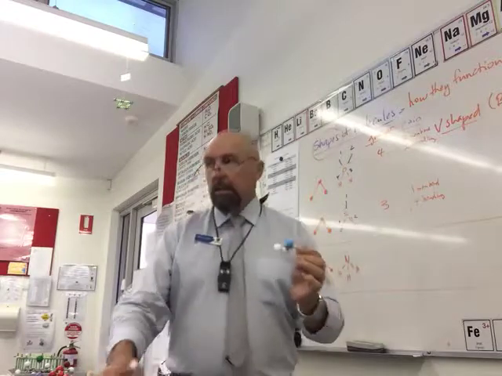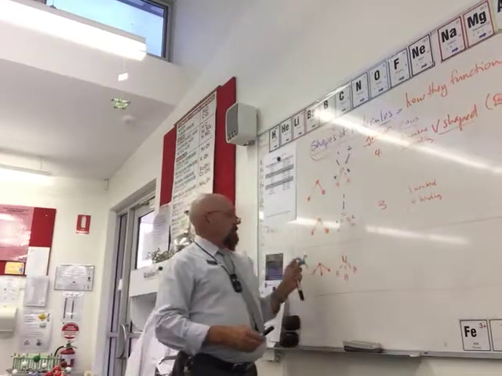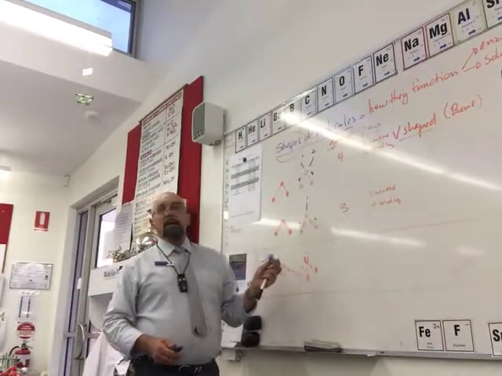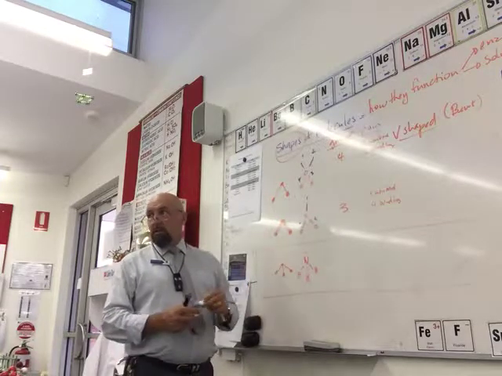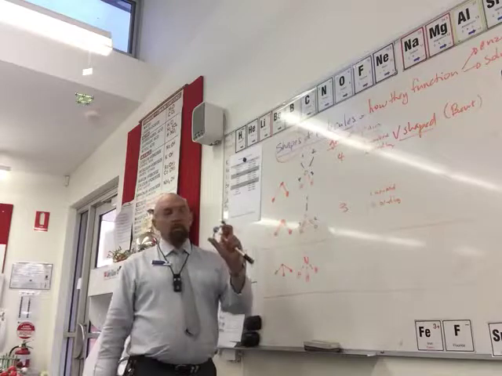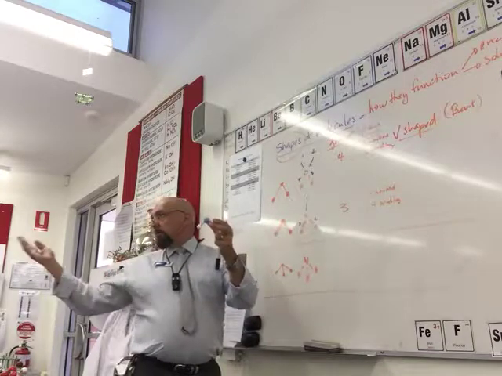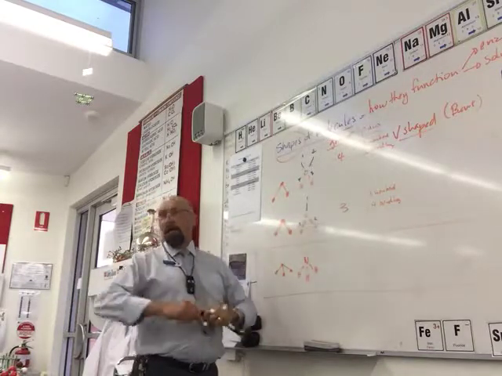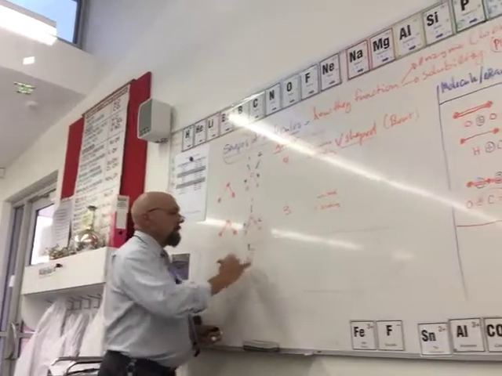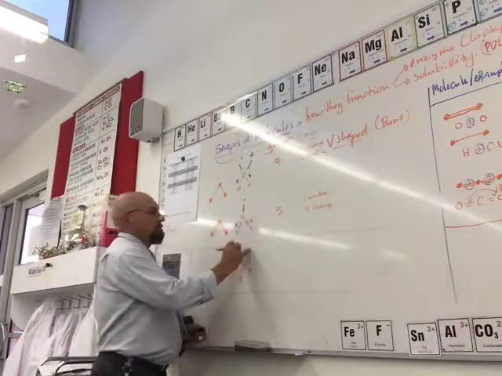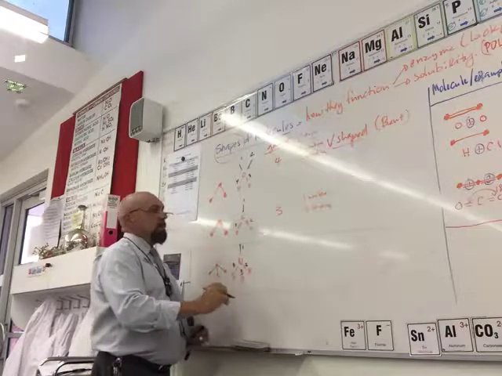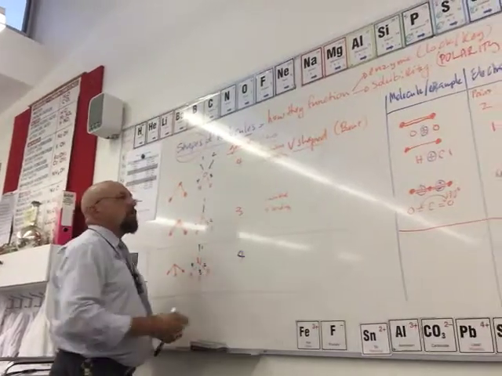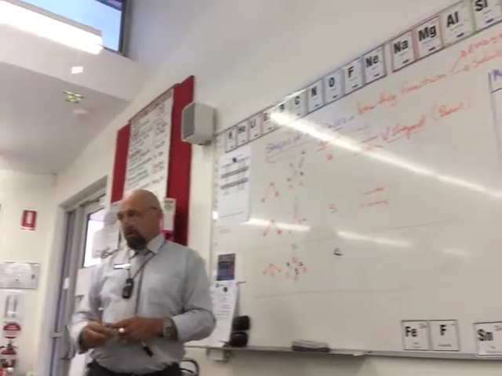And again, if I ask you how many groups of electrons in total, how many groups are we talking about with an ammonia, Joey? 4. Okay? There is 1 non-bonding, there it is, and there are 3 bonding sets. But in total, there are 4 groups of electrons.